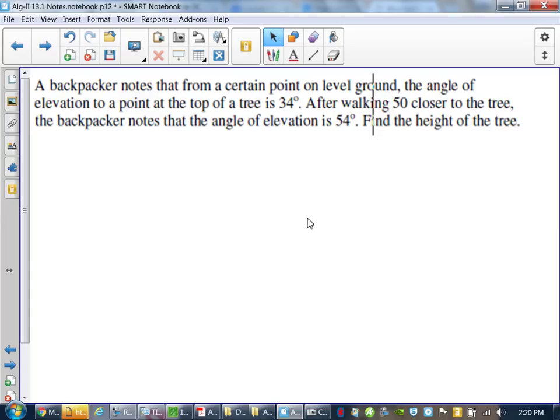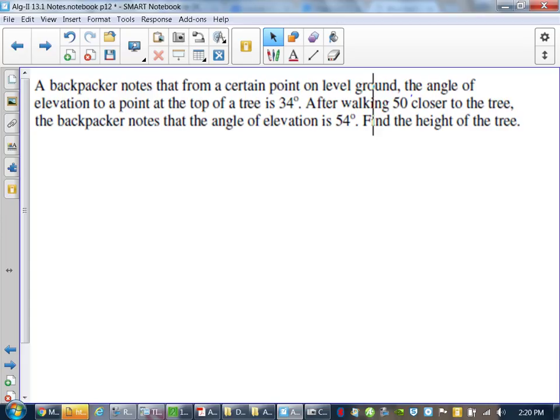Okay, so we need to find the height of the tree. Now, this is the style of problem that you will start to see more of in an Algebra 2 course, as opposed to, oh, look at the beautiful Eiffel Tower. Those types of problems are too easy. These make you think.